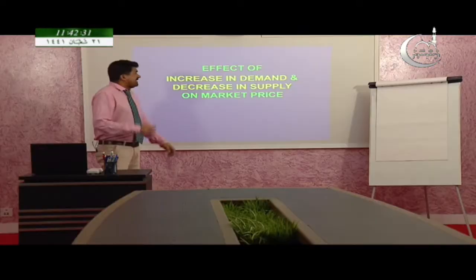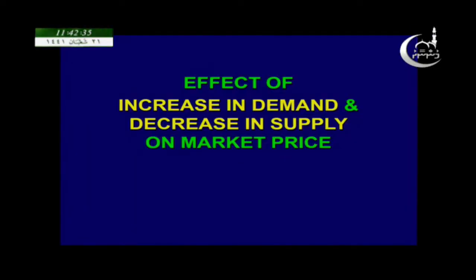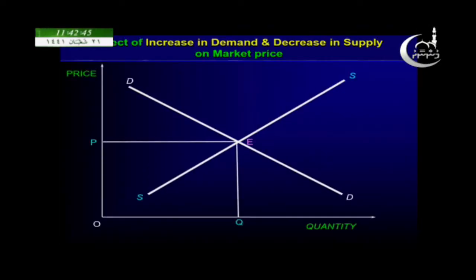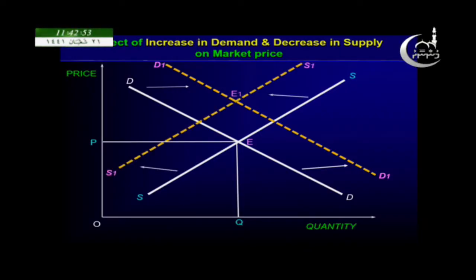And next, the effect of increase in demand and decrease in supply. Here we must have an idea. Increase in demand means the demand curve will shift to the right. Decrease in supply means the supply curve will shift to the left. So look at this. The demand curve shifts to the right to D1 and the supply curve shifts to the left, which shows an increase in demand and a decrease in supply.